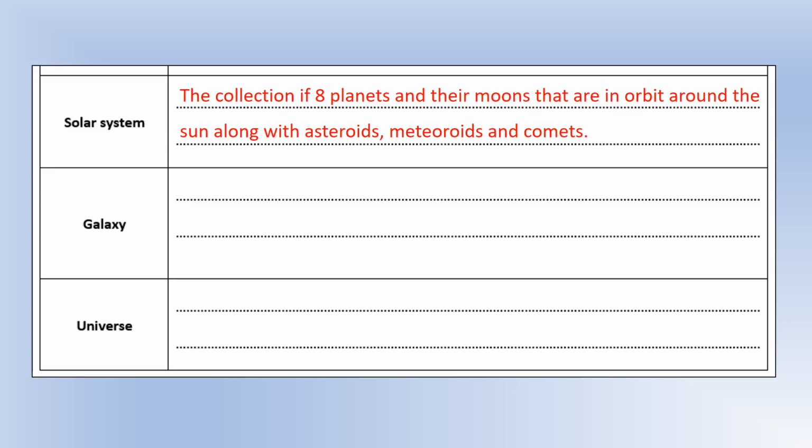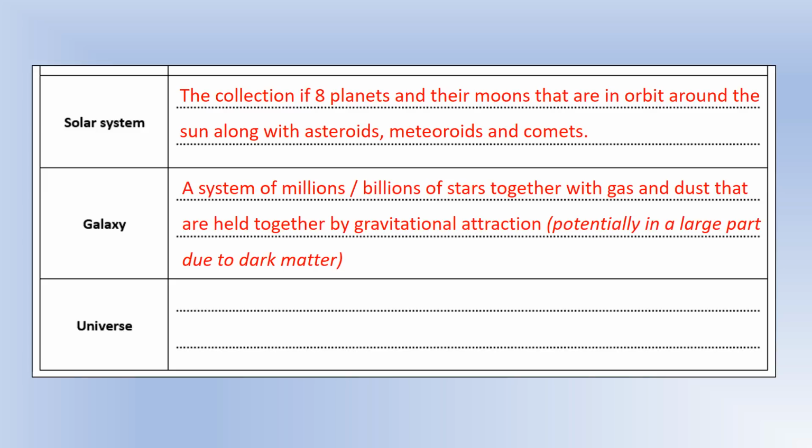The solar system is used to refer to the planets around the sun. So the 8 planets, their moons, and all the asteroids, meteoroids, and comets that are also in orbit around the sun. Scaling up quite a bit, a galaxy is a collection of stars, along with the gas and dust inside and around them, and they're all held together by their gravitational attraction.